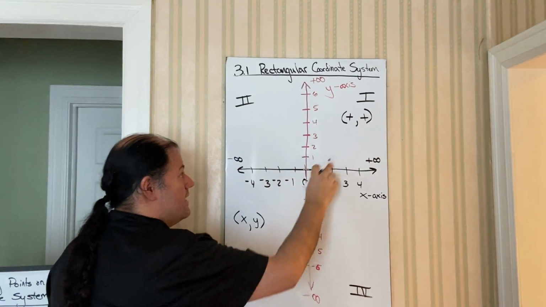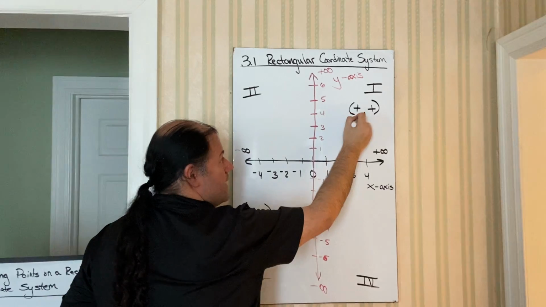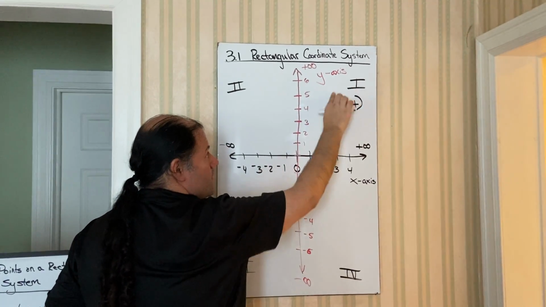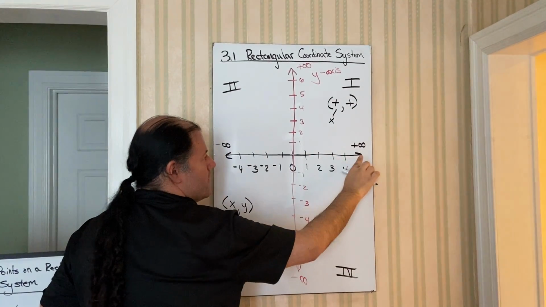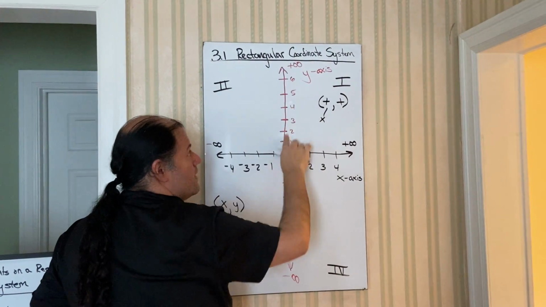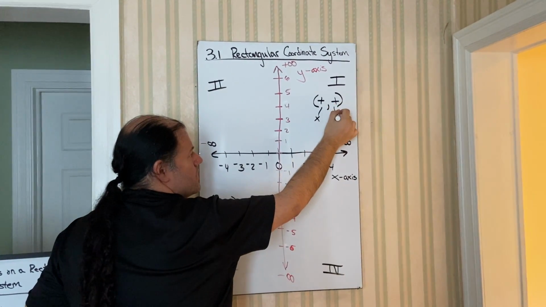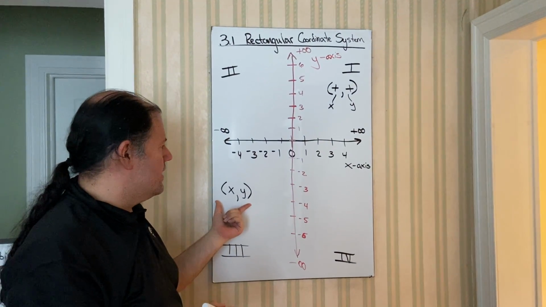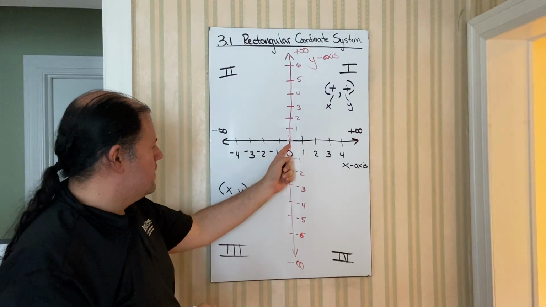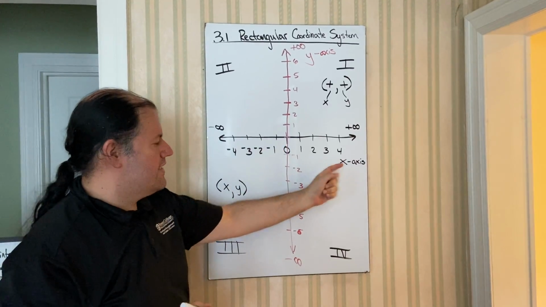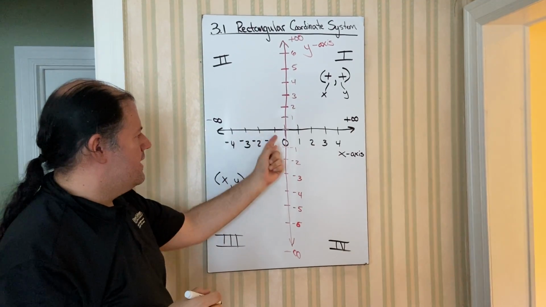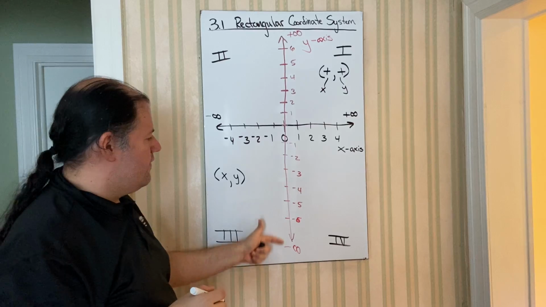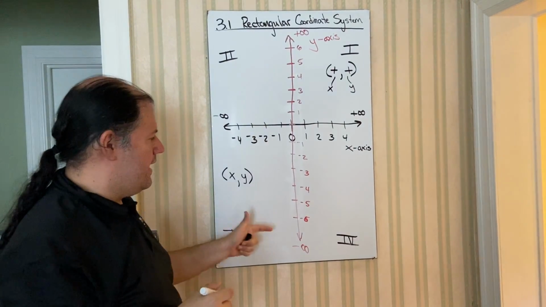we said that anything in this quadrant, the x is positive because the x values are positive here, and anything here, the y value is going to be positive. When you're in this quadrant, notice your x values, remember x-axis, will be negative, and your y values here will be negative.